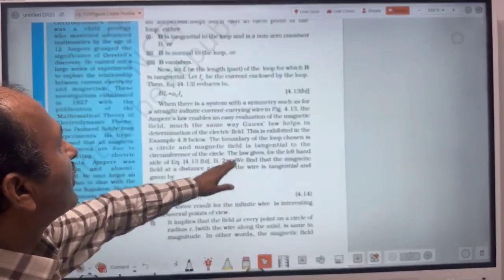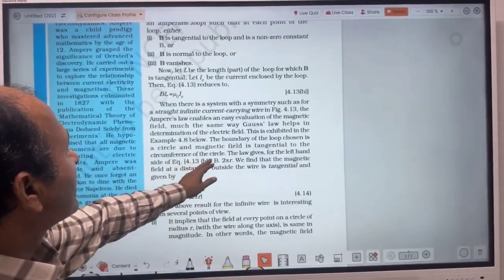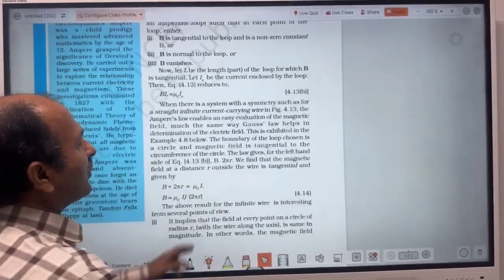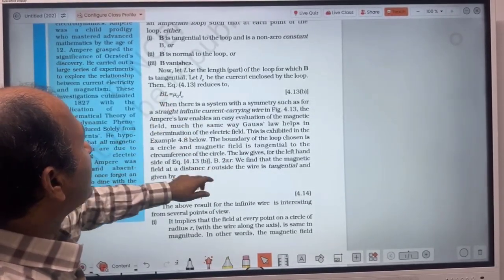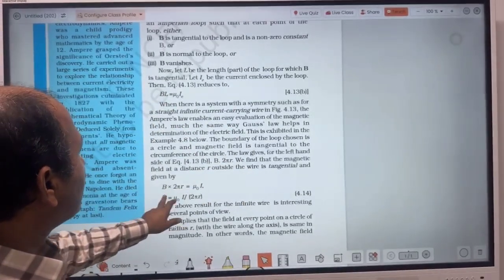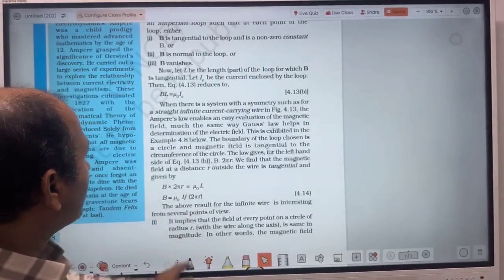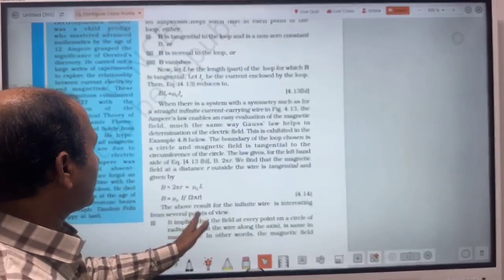The boundary of the loop chosen is a circle and magnetic field is tangential to the circumference of the circle. The law gives for the left hand side of the equation B into 2 pi r. As I told you, when you take circular portion, in that case L will become 2 pi r. So in that case we will write B equal to mu naught I divided by 2 pi r. The above result for infinite wire is interesting for several points of view.